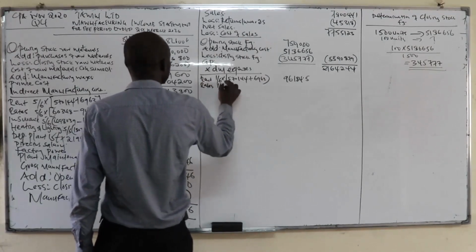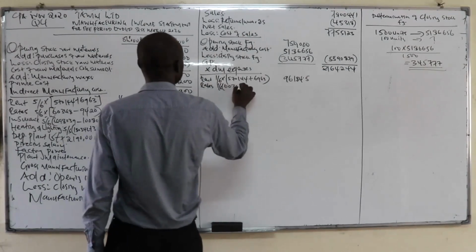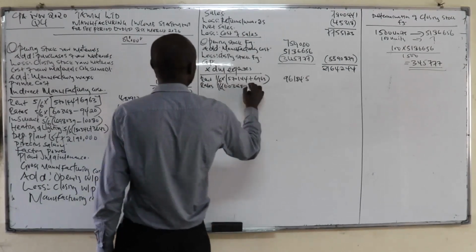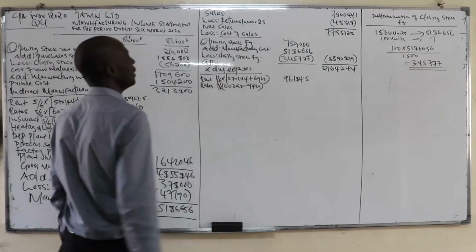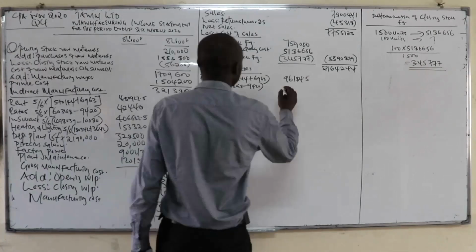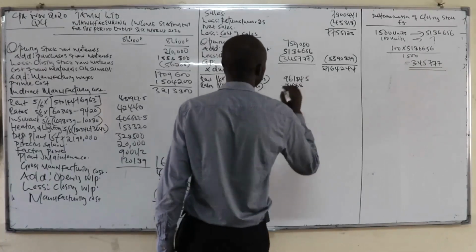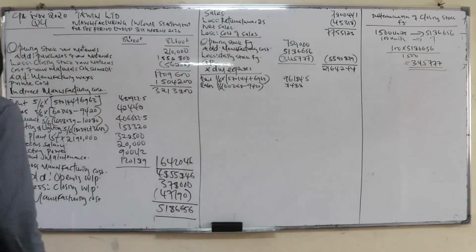Then we have rates. 1 out of 6 in bracket 60,348 minus 9420. That other one is 84,88, like that. So we go to insurance.